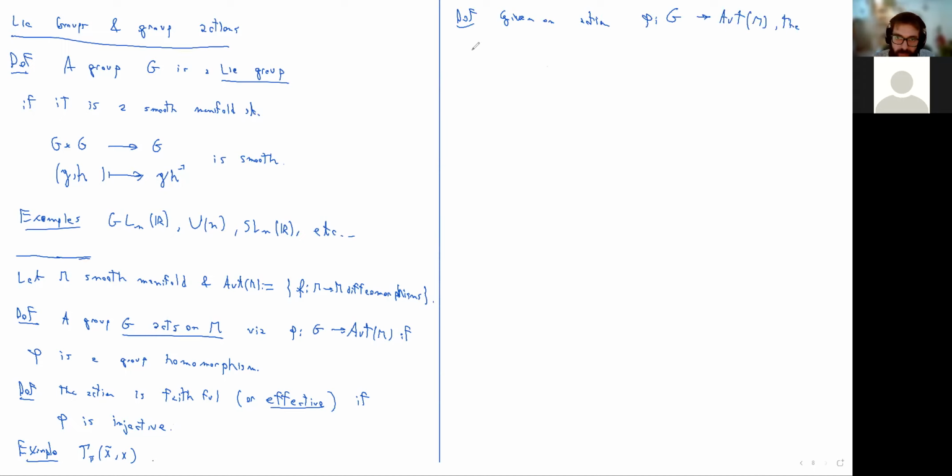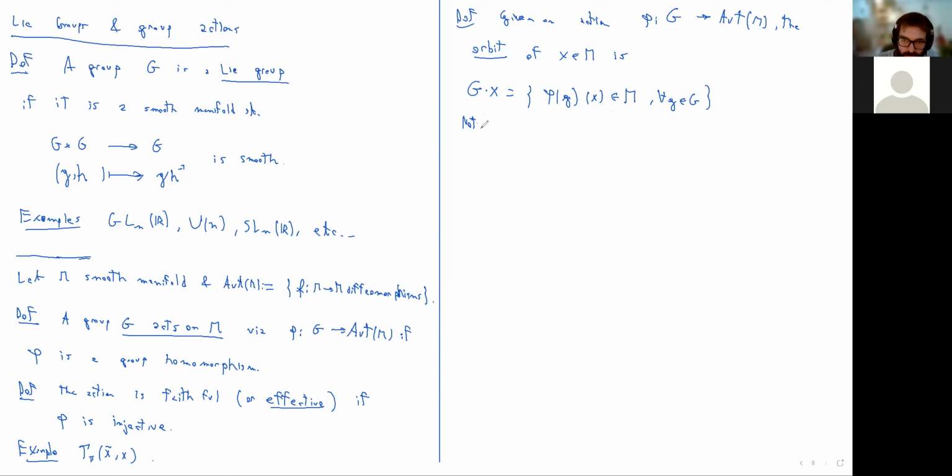The orbit of a point x in M is phi of g applied to x. So this is an automorphism and we apply it to x. Yeah, so we're simply taking x, applying all possible elements of the group, and what we get is the orbit.